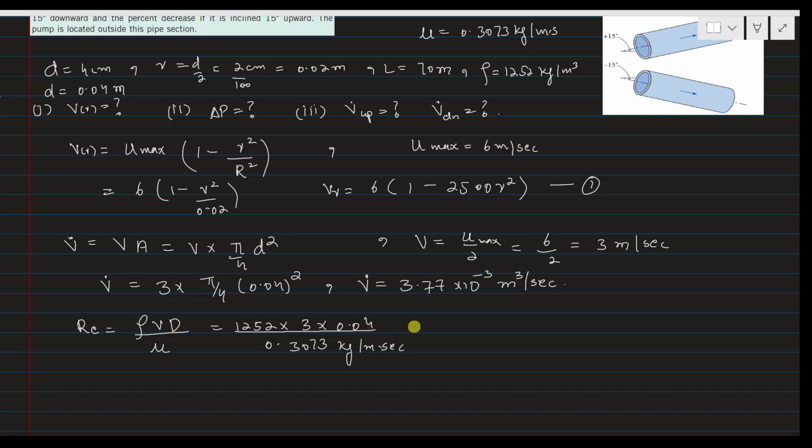So after simplifications you will get the Reynolds number, and that is 488.9. It is less than 2300. So it means that the flow in this pipe is laminar.